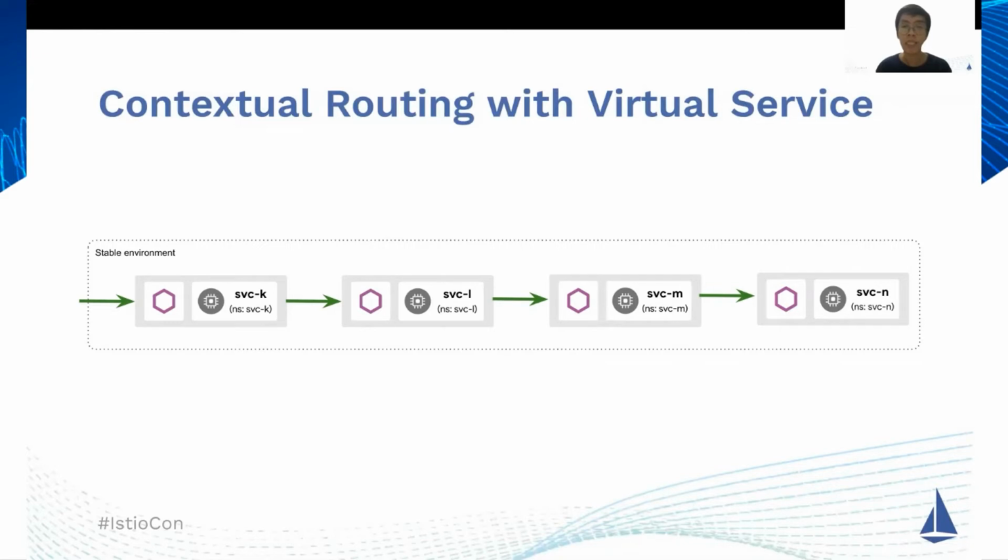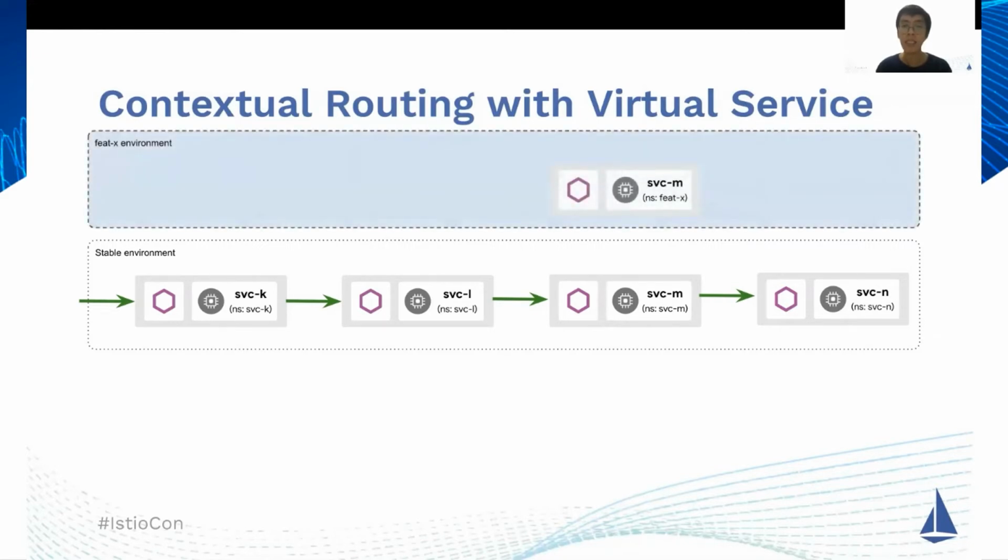Everything will stay in the stable environment. But then let's say we want to modify service M, and we deploy it in a different environment. Let's call it again feature X as the environment name. Now, how can we utilize that service M in the feature X environment?